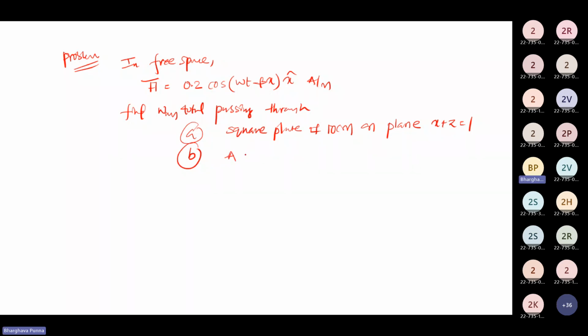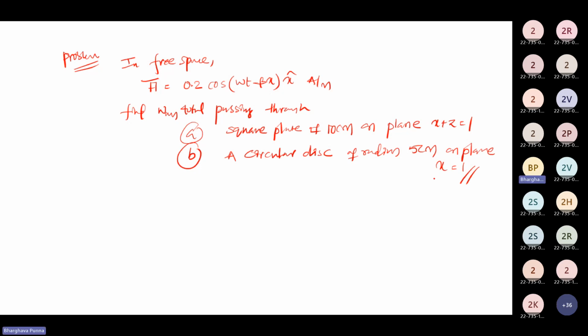Next question, next bit is a circular disc of radius 5 centimeters on the plane x is equal to 1. This is what they have given.